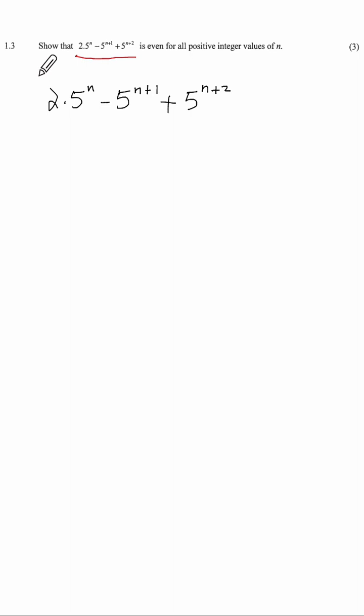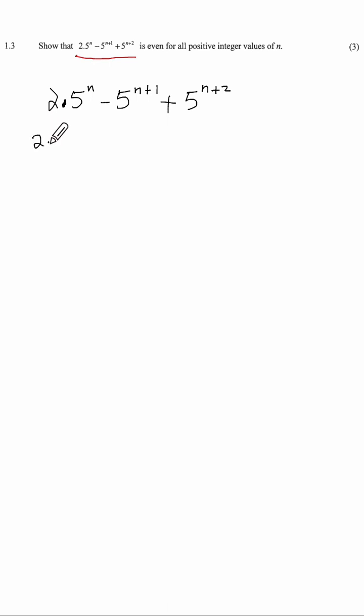This already looks kind of the way I want it to look, but for this 5 to the power of n plus 1, I want to break it apart so that the 5 to the power of n can be on its own, and also the same thing here. So how do I do that?